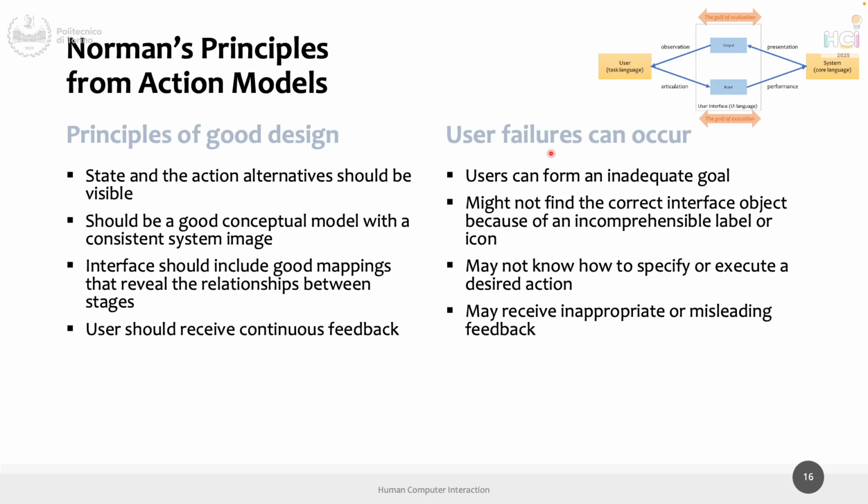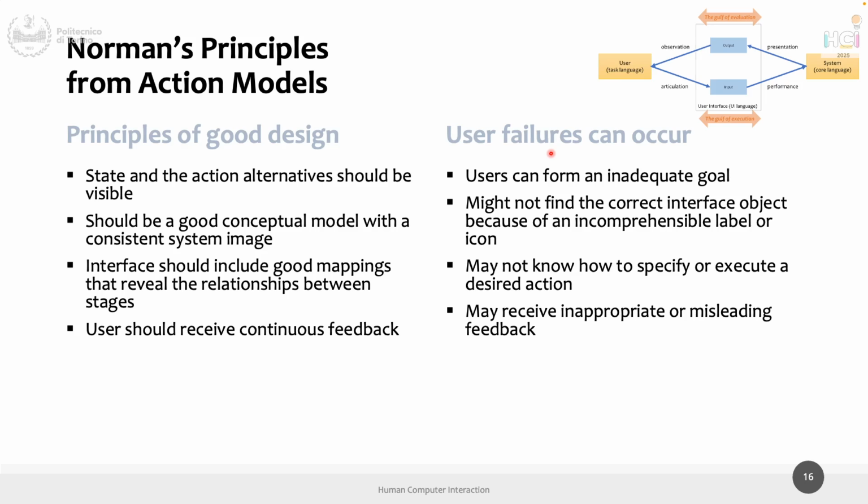The interface should include good mapping between the relationships of the elements on the screen, and feedback should be appropriate but continuous. And failure can occur when the goal is not adequate. The system will not give you the correct goal, the idea of the correct goal.